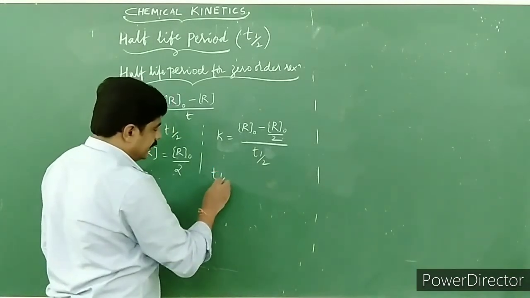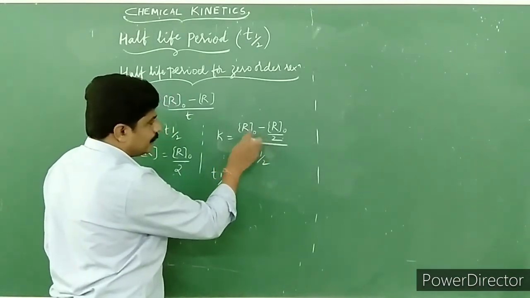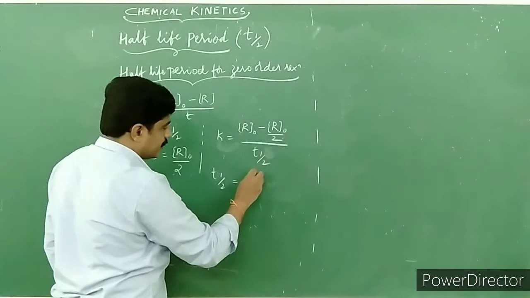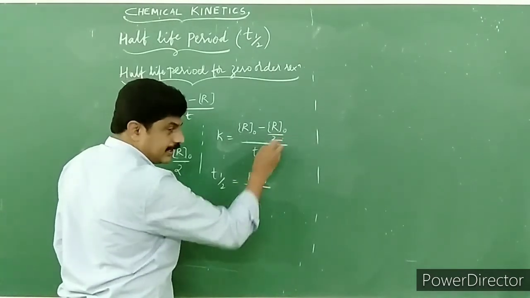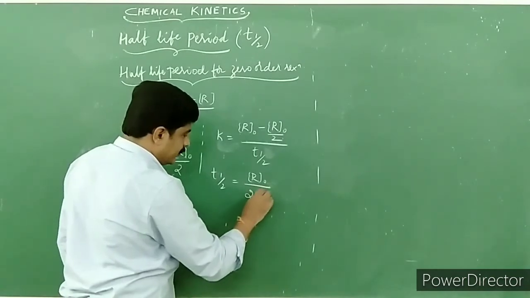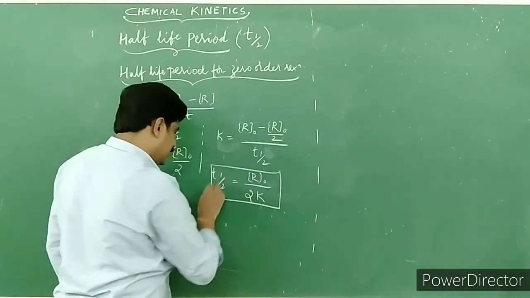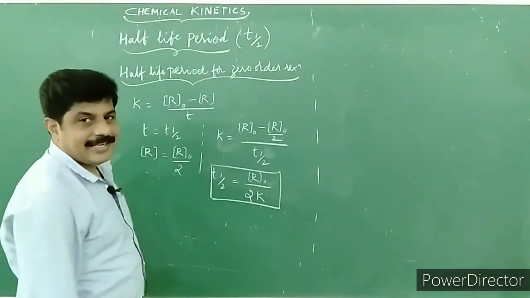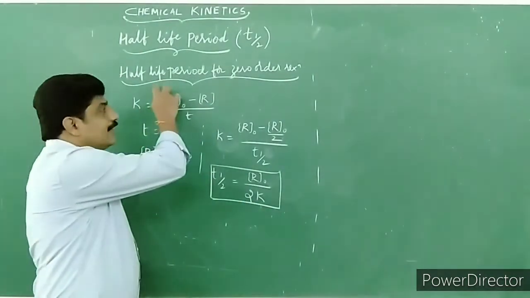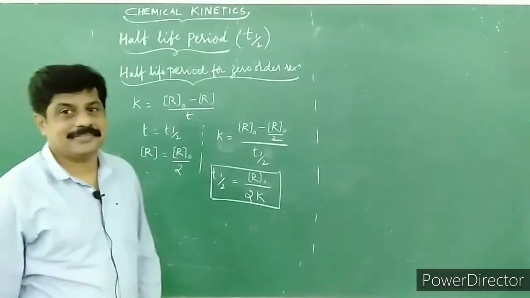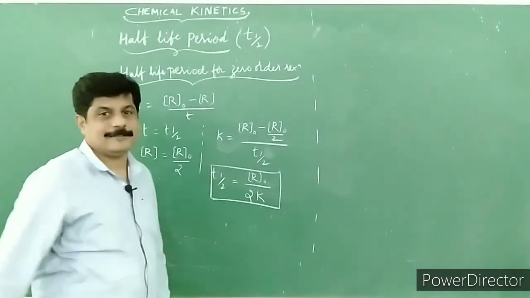Now in that case, t half is equal to, children, R naught minus R naught by 2 is equal to R naught by 2, and dividing by k, it is equal to R naught upon 2k. So this is the integrated rate equation result for half-life period of zero order reaction. This you need to remember.